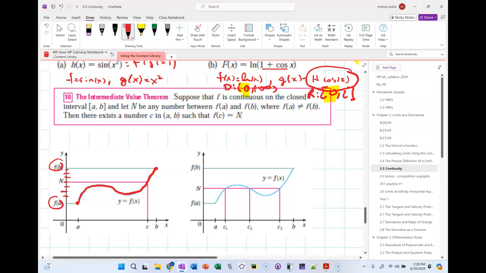If I pick any value in between, say this n, I can find an x in between a and b that has that output. And I'm guaranteed to be able to do that because of continuity, right? If I didn't have the continuity, I would not have this guarantee because you'd have a gap in y coordinates or something.